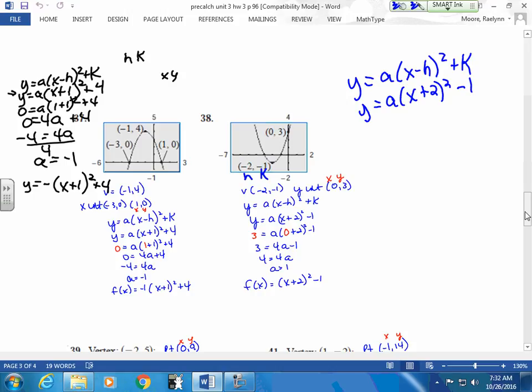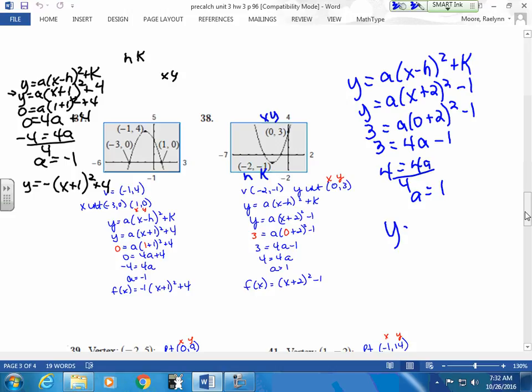And we see that it opens up. So luckily we have an (x, y) point here. So we plug in your y, and we plug in your x. 2 squared is 4. Add the 1. And a is 1. And yeah, it opens up, so we know we're on the right track.